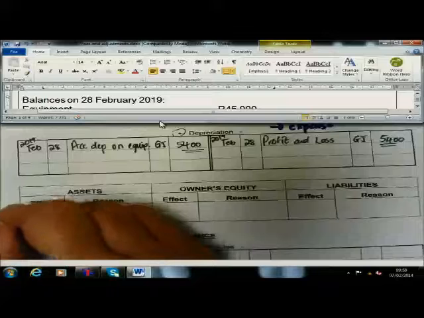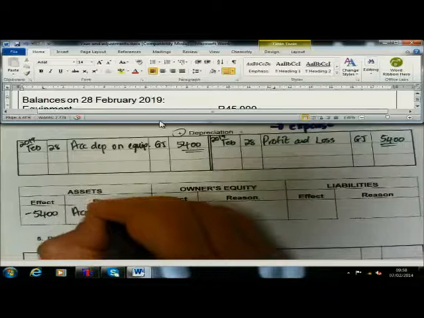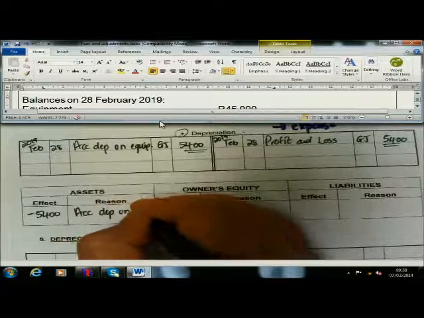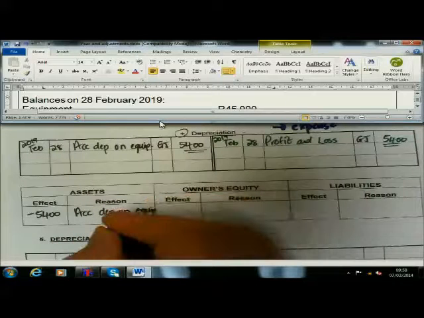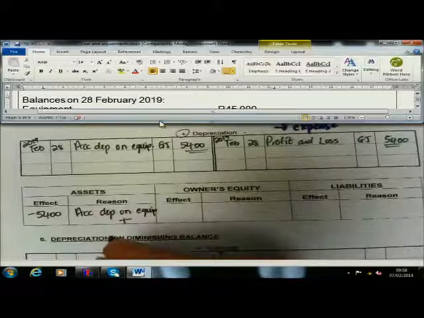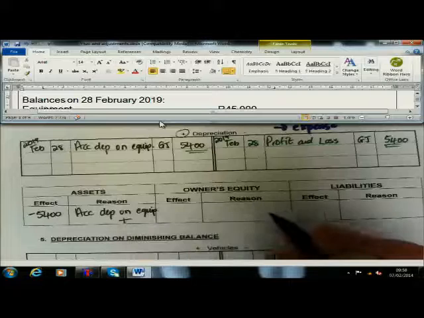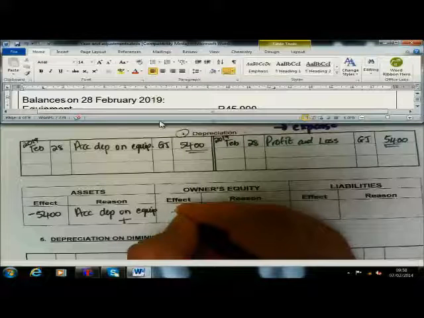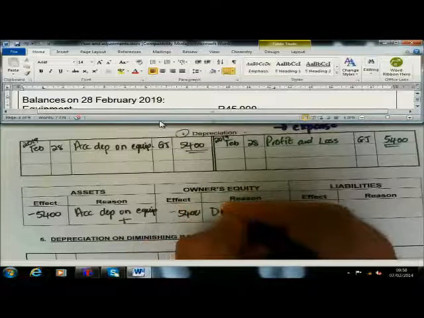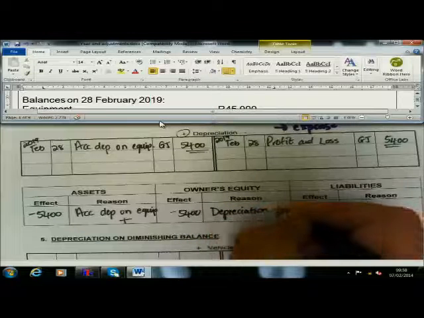What happens with your assets? Minus 5,400. Remember why? Because the accumulated depreciation on equipment, which is a negative asset, become more. So the more you depreciate your equipment, the less the value become. On this side, we've got minus 5,400 rand because depreciation becomes more.